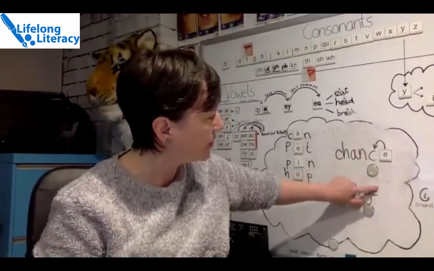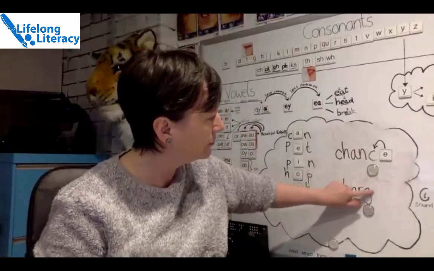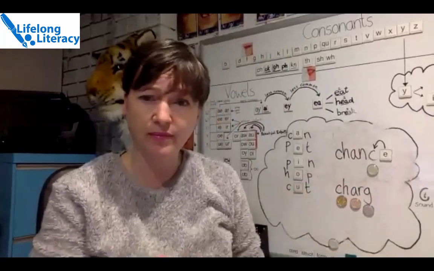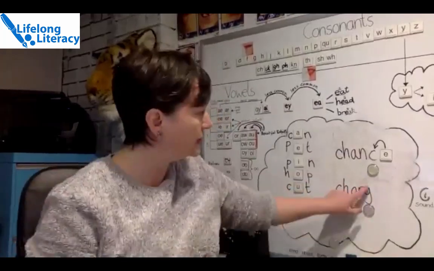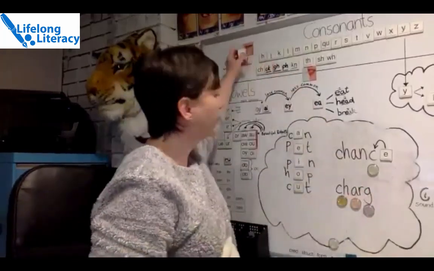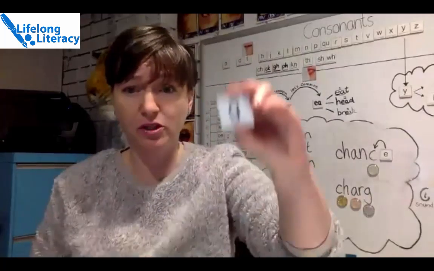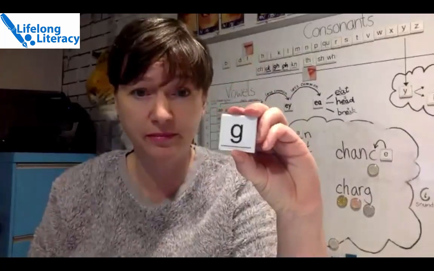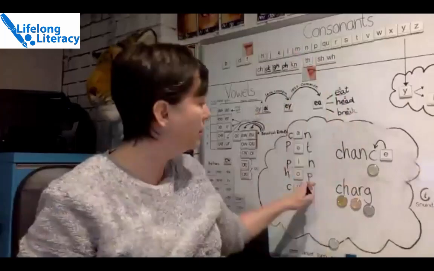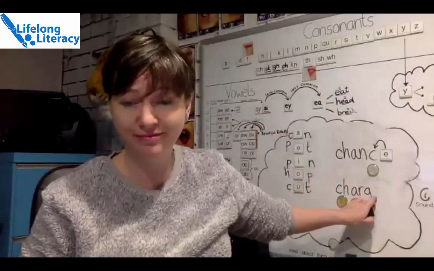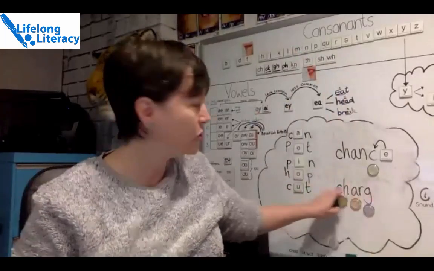If I take this away, the signal goes away and I have to convert this G back to its original most common sound, G. So that word would be charg.